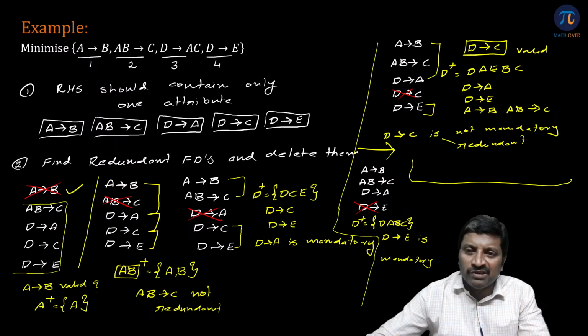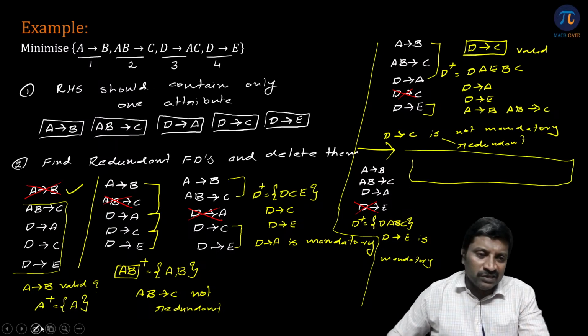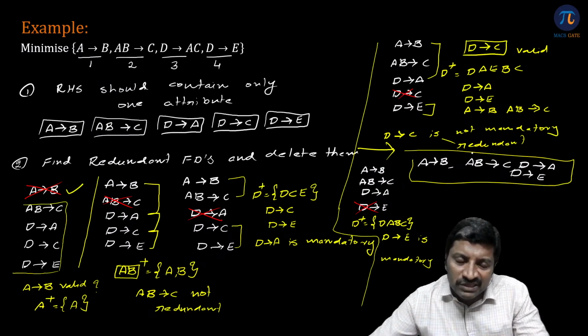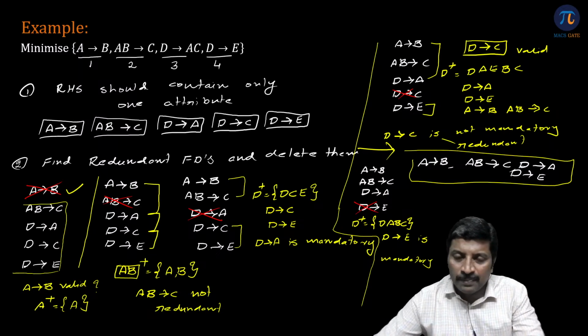What is the result of the second step? In the result of the second step, we confirmed that A implies B, AB implies C, D implies A, D implies E. These four are mandatory. This is the output of the second step. Now let us continue with the third step.